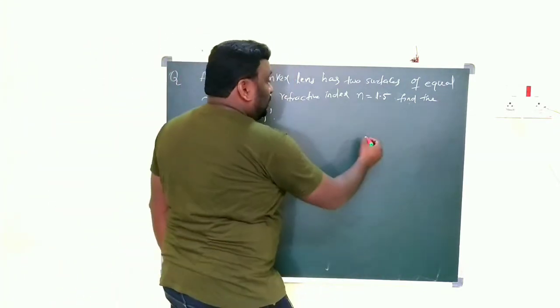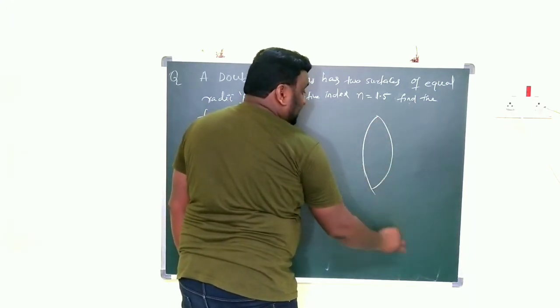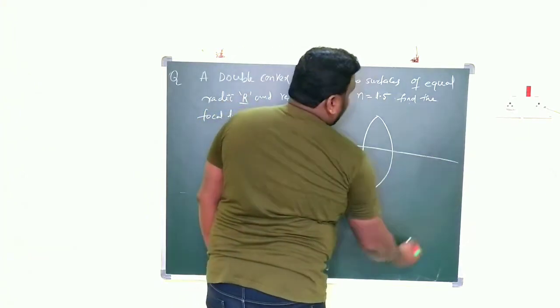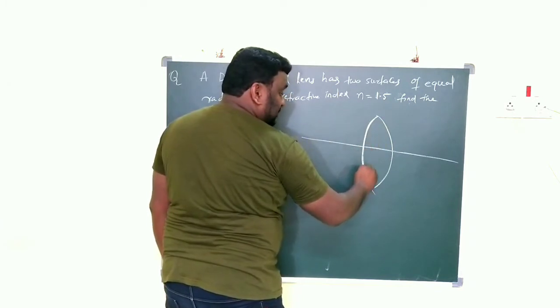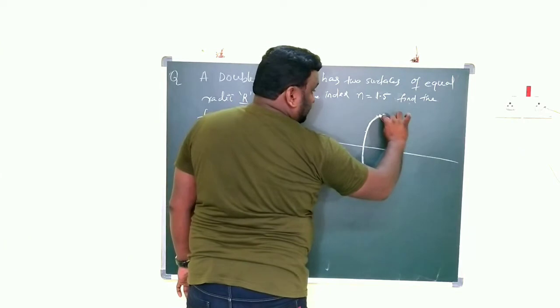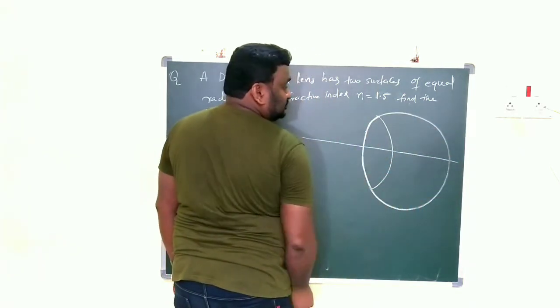Here we know that this is a biconvex lens. Clear, children? Here I am showing that this is the first surface, the first refracting surface. For that I am drawing this sphere.